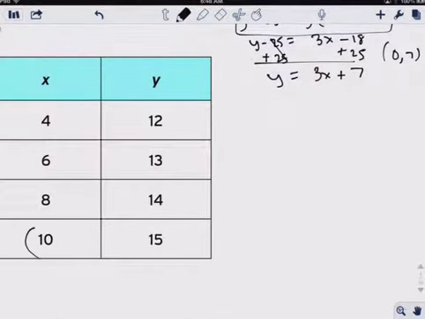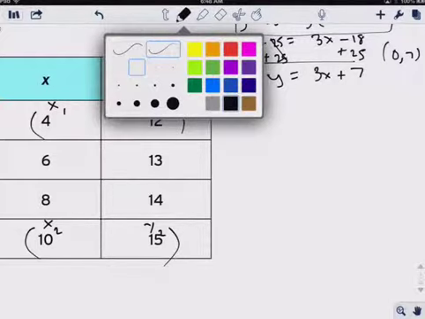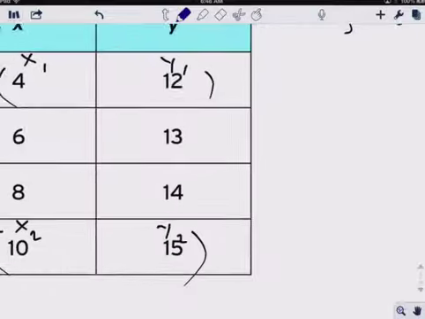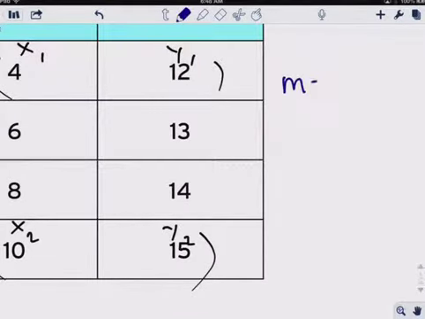I like 10 and 15. And 4 and 12 is good. x1, y1, x2, y2. M equals y2 minus y1 over x2 minus x1.